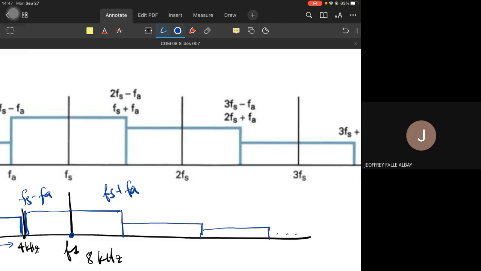The multiples of our harmonic signals are in multiples of Fa. Each of these blocks has a value of Fa, right?